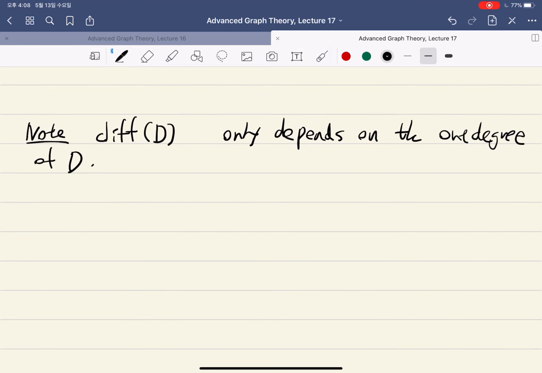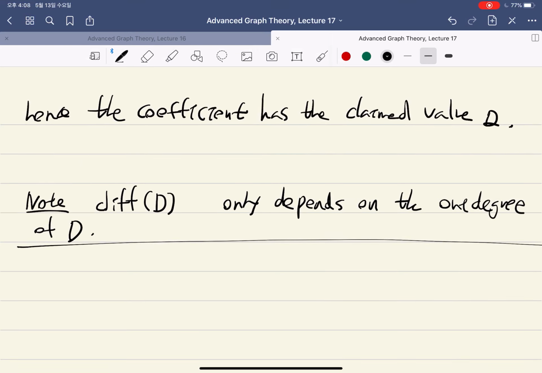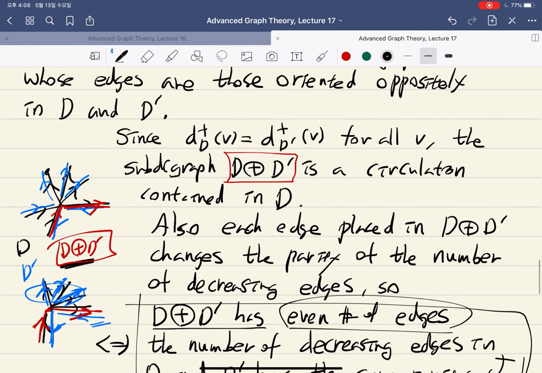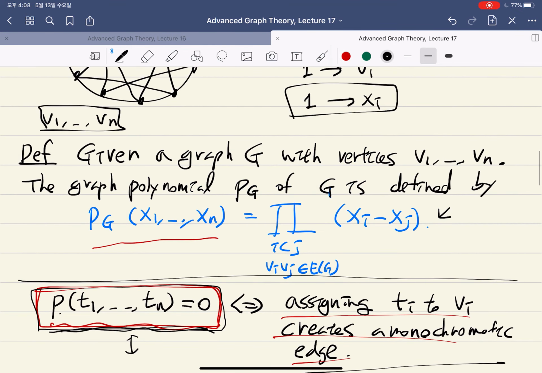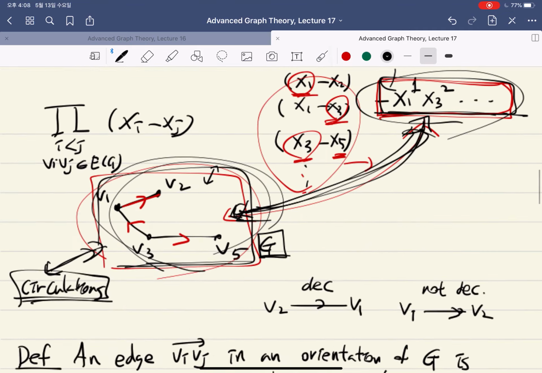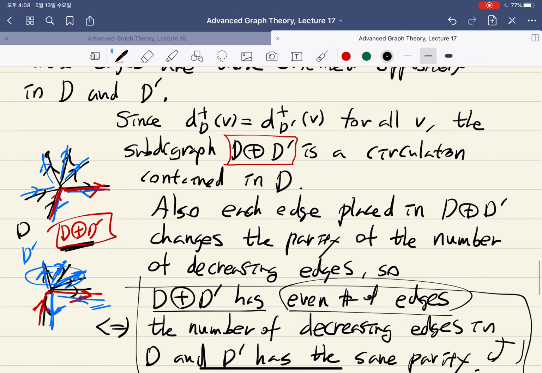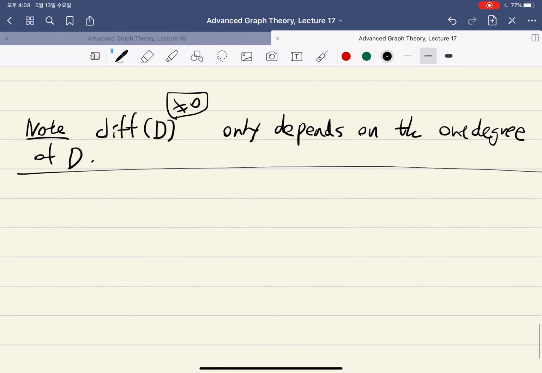And now what we want to prove is that if this is non-zero for certain D, then what does it mean? Then now what we have is in this graph polynomial, if you expand it, at least one term has a non-zero coefficient. So that's what this diff of D is non-zero.